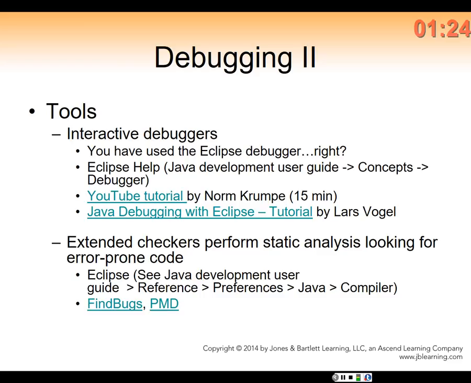For example, one would say, hey, you're missing a break statement. Did you know that? There are two that I've used in the past, FindBugs and PMD. We'll see if we can demonstrate those. If not, you'll be seeing those in your assignment.